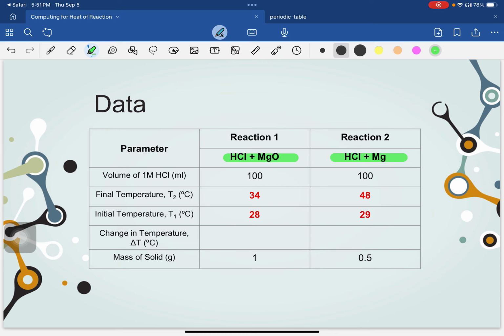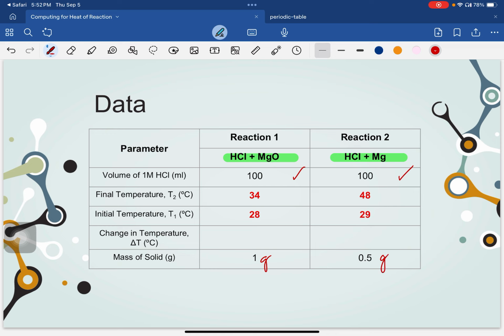So for both reactions, 100 ml of 1 molar hydrochloric acid was used, and for the amount of the solid, we used 1 gram of magnesium oxide and half a gram, or 0.5 grams, of raw magnesium.